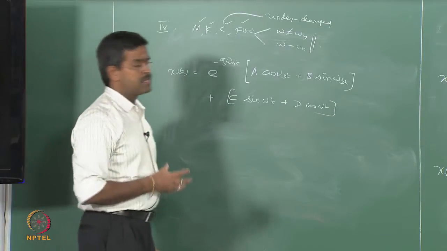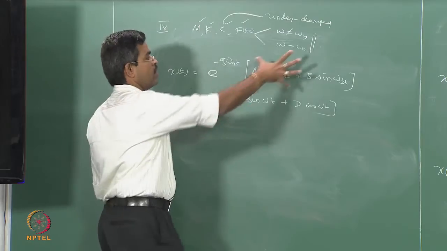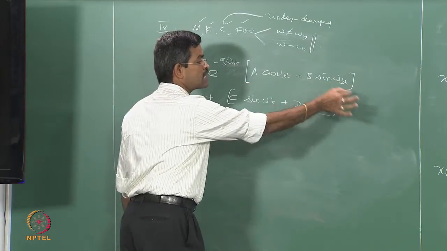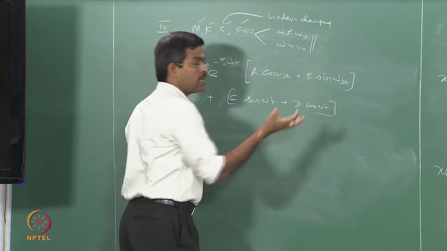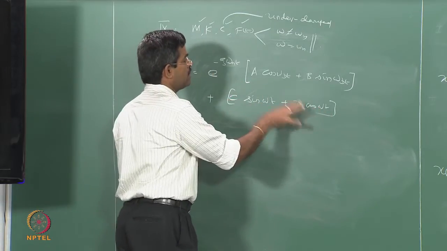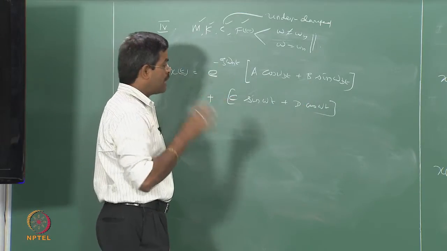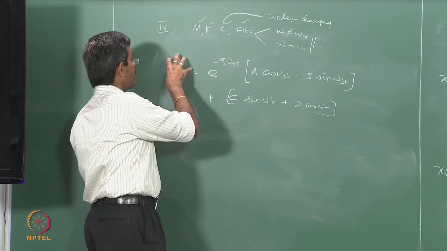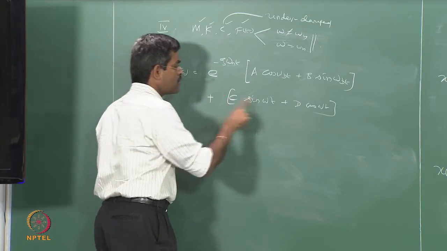Now, one may ask a question here: the response is again in two parts, one on omega d, which is a function of omega n, and the other is omega, but again there are constants c and d, and constants a and b. It may give confusion at this stage whether the response analysis of damped forced vibration depends on initial conditions or not.